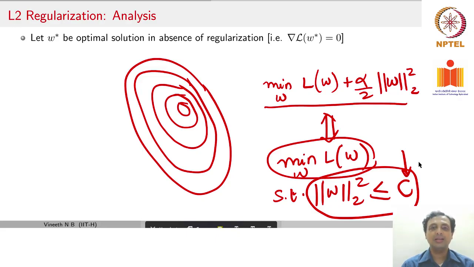Right? A unit norm ball is when the 2 norm of the weights lies within 1, or all the weights lie within a norm of 1 around the center, around the origin. Now it's a C norm ball. It has a measure C, which it should be less than.